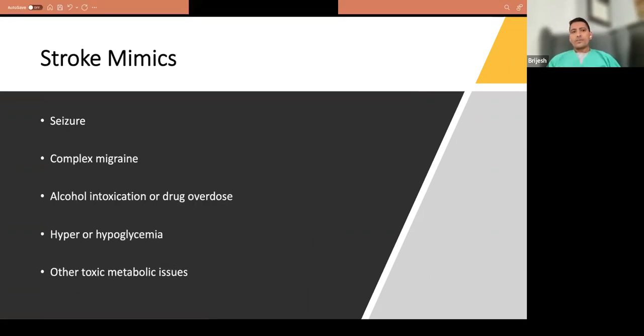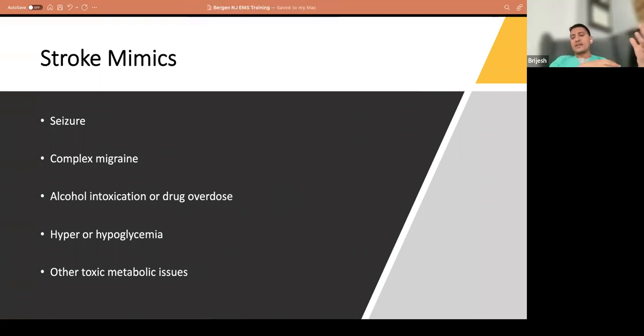And then what are the stroke mimics? So seizures, complex migraines, obviously alcohol, drug intoxication or overdose, any metabolic issues such as hyperglycemia, sugars in the 500s, or hypoglycemia, typically blood glucose less than, say, 70, 60, you're going to see that sometimes they're very lethargic.